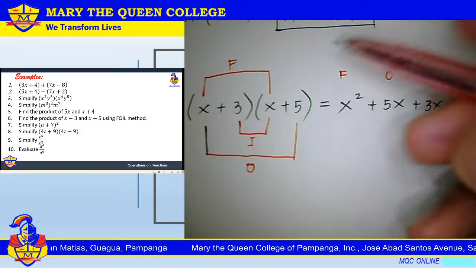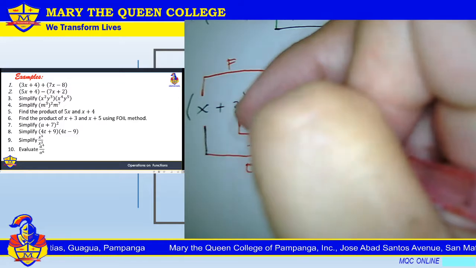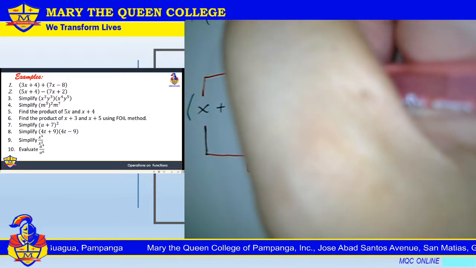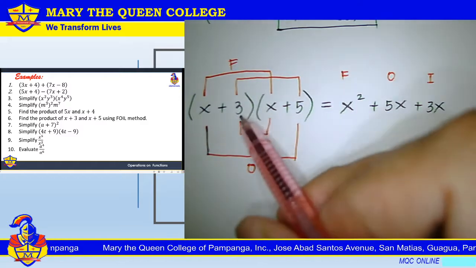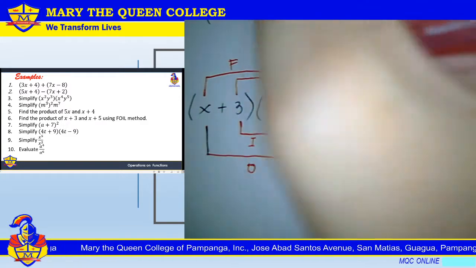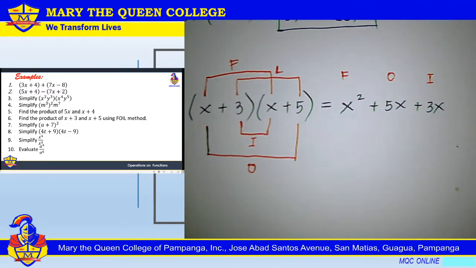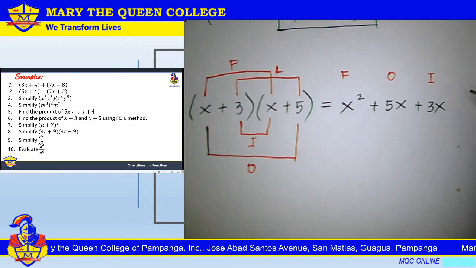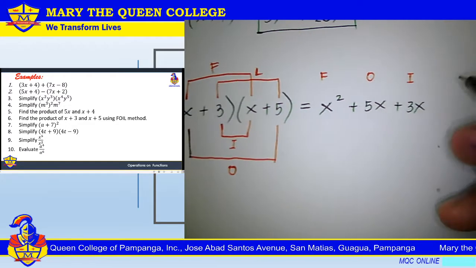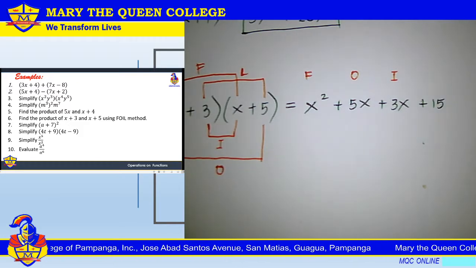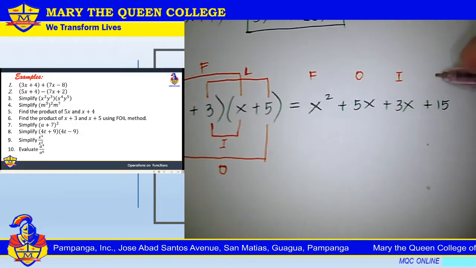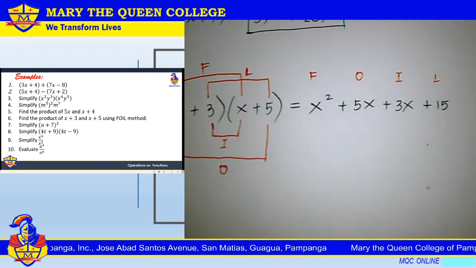And then for the last terms, the two at the end, multiplied together. 3 times 5 is positive 15. That is the FOIL method.